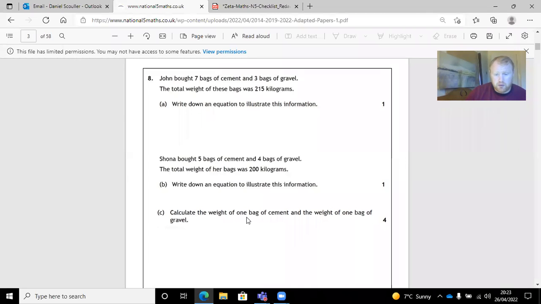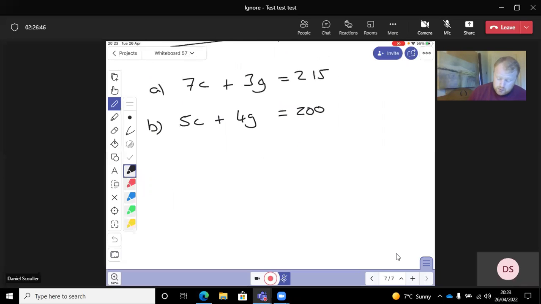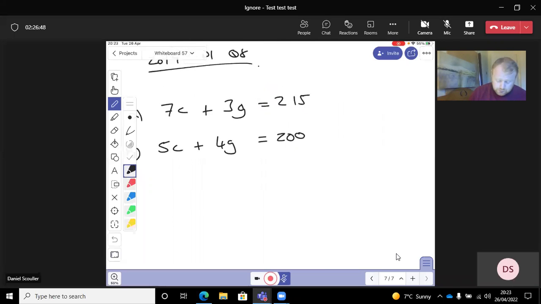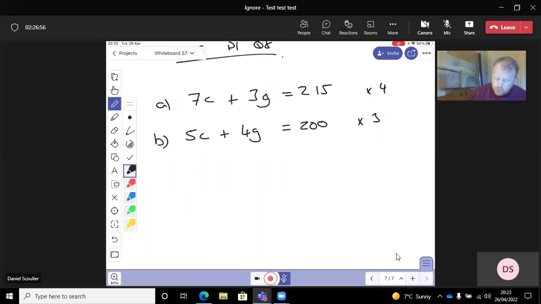Question C is calculate the mass of one bag of each. Okay, so 1 bag of cement, 1 bag of gravel. That's where simultaneous equations comes in and you carry through. Remembering it's non-calculator. Okay, multiply top one by 4, multiply that one by 3. So you're trying to eliminate something.